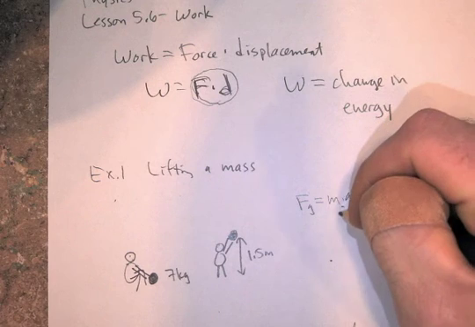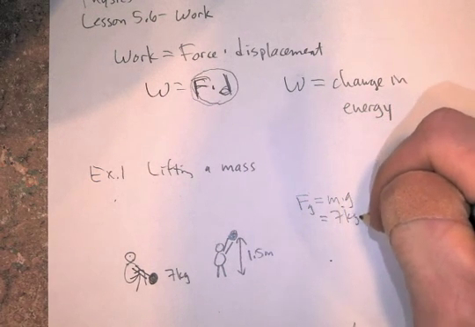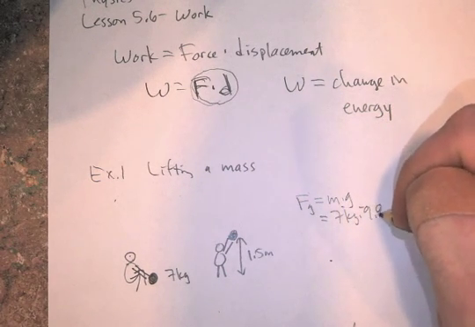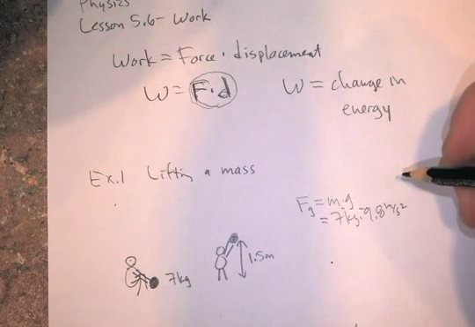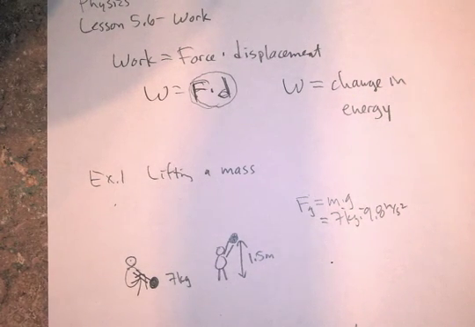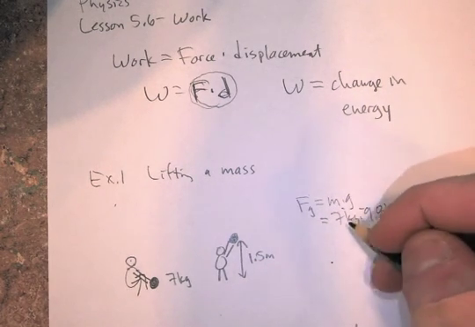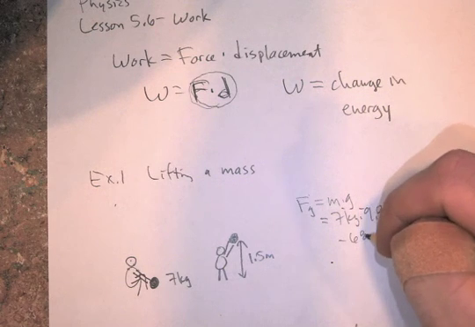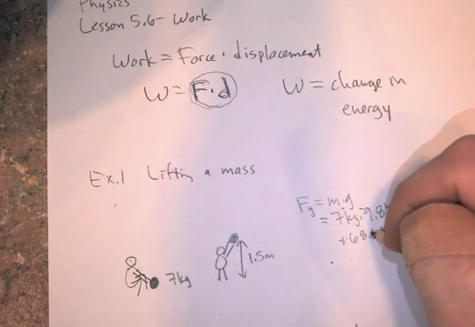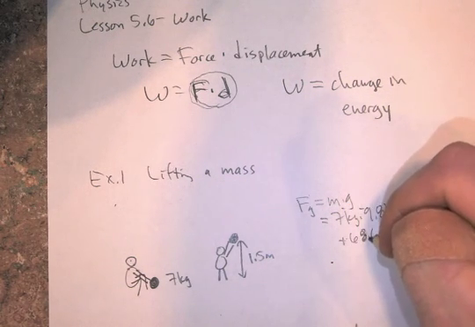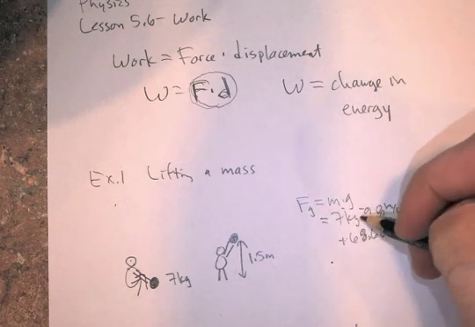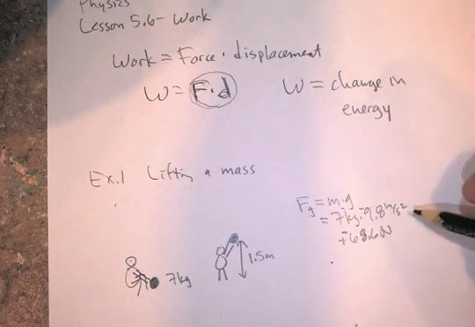Remember this? Okay, 7 times 9.8. Oh no, okay, 7. I thought my calculator was dead. 7 times 9.8, 68.6. He's actually going to push upwards though, right? Because he's going to overcome the gravity force. So I guess you could say the gravity force is negative, but he's going to push up.